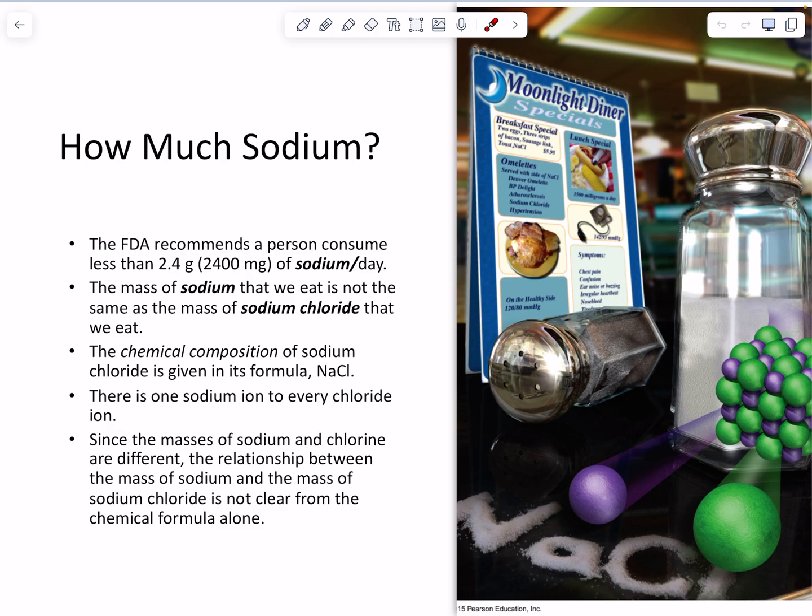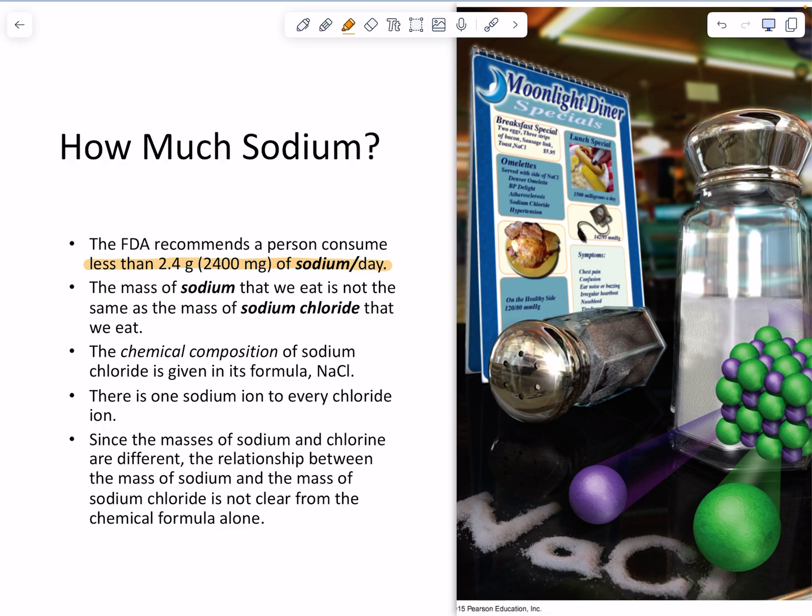So good, I don't have to take cholesterol medicine, but I have to take blood pressure medicine and avoid sodium. Now, the FDA has a recommendation on how much sodium you should consume. That recommendation is 2.4 grams, or 2,400 milligrams, of sodium in a day.